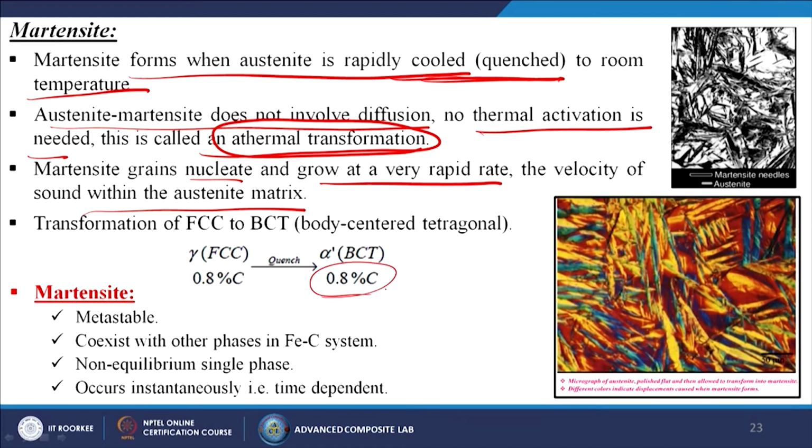So, the carbon percentage is not going to change. Martensite properties are metastable in nature, it can coexist with other phases in the iron carbon system, it is a non equilibrium single phase, and occurs instantaneously, that is not time dependent. So, this is the colored micrograph of the martensite structure.